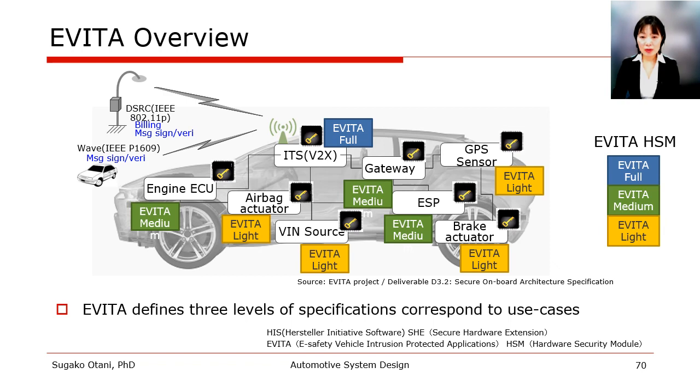Hardware security modules prevent unauthorized operators from the outside by implementing key management and important functions such as cipher generation and random number generation for authentications in a hardware-independent secure zone. Hardware security modules for in-vehicle ECUs have been developed by the European Hersteller Initiative Software, SHE, secure hardware extension, and by the e-safety vehicle intrusion protected application EVITA project.